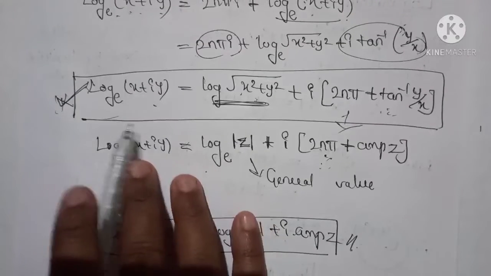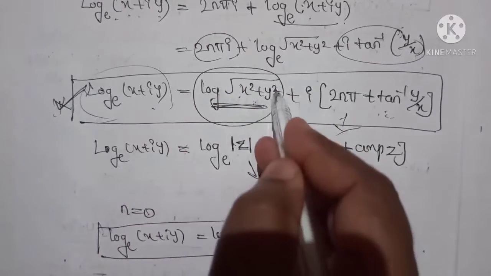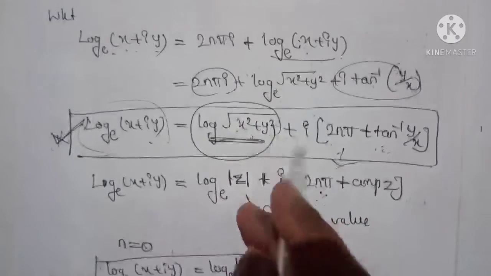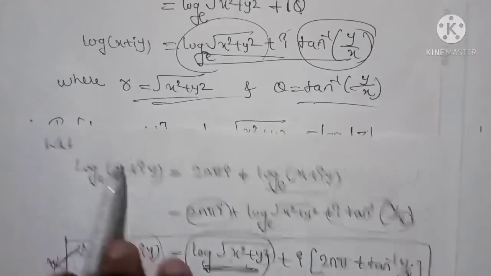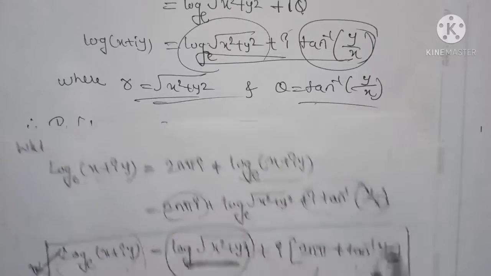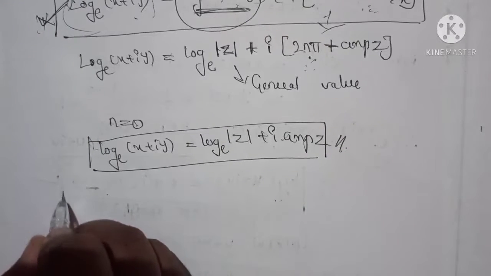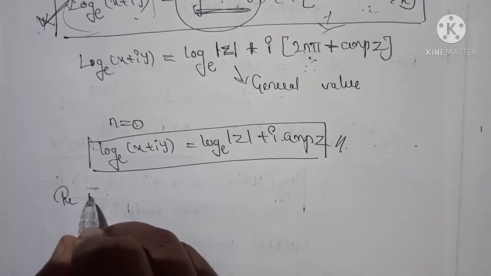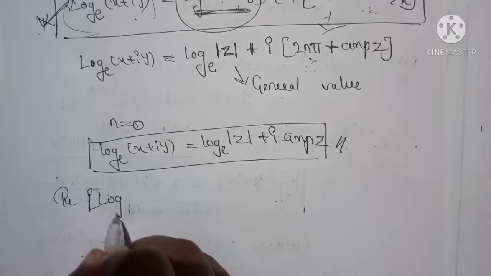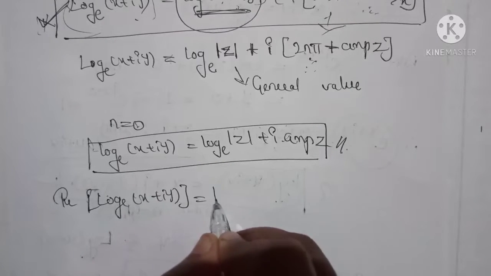And the real part of this log of x plus iy is log of square root of x square plus y square, which is the same as the real part of the general value of log of x plus iy. Both are the same, but the imaginary part is different.